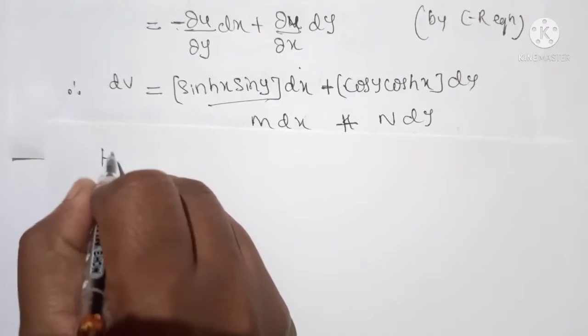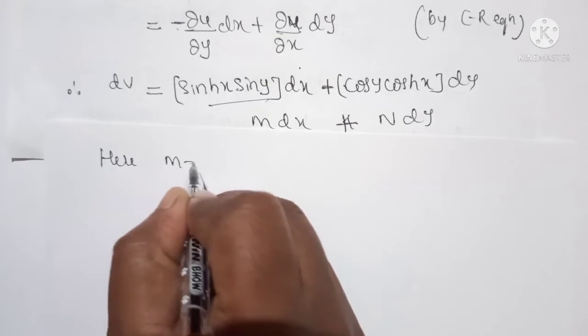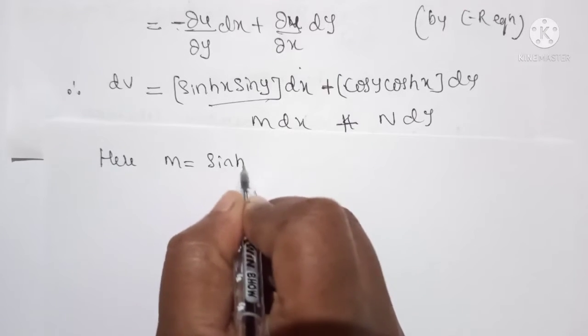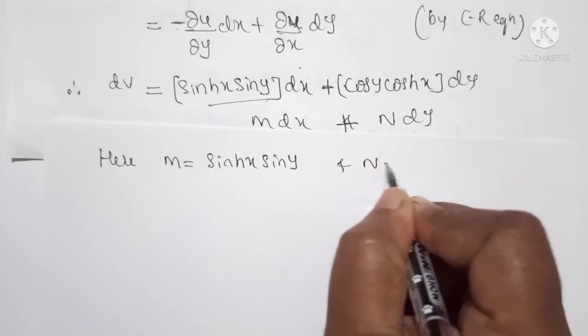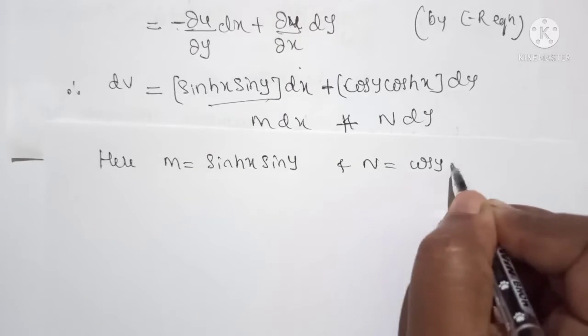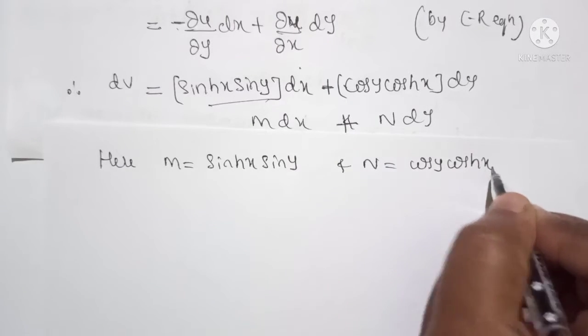Here m equals sinh x sin y, and n equals cos y cosh x.